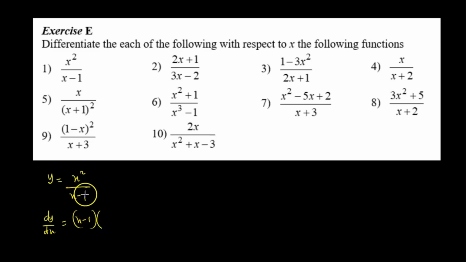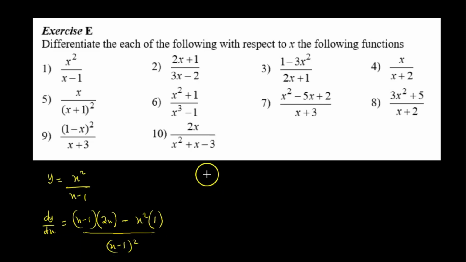Differentiate the numerator. So we are multiplying by the derivative of the numerator, which is going to be 2x. Good. Minus maintain the numerator, which is x squared. Multiply by the derivative of the denominator. So when we differentiate the denominator x minus 1, what are we going to obtain? We are going to obtain 1. Then all divided by the denominator squared, which is x minus 1 all squared.